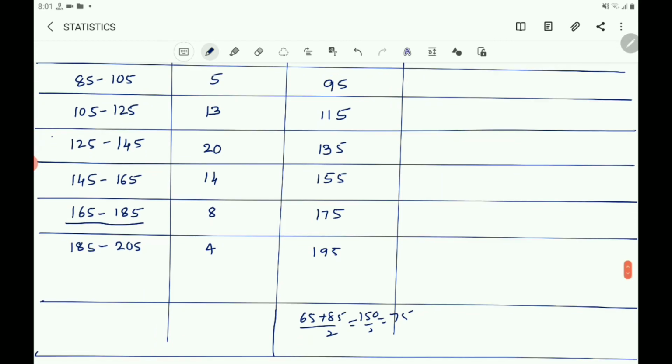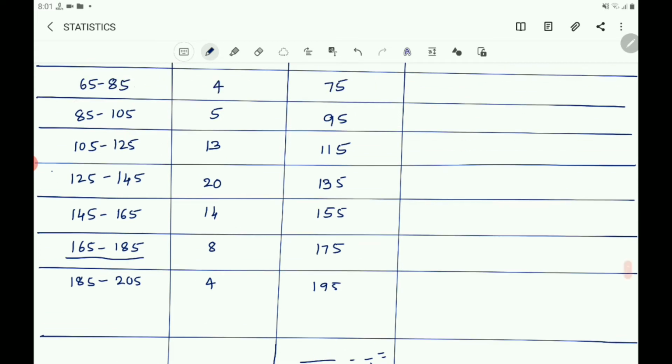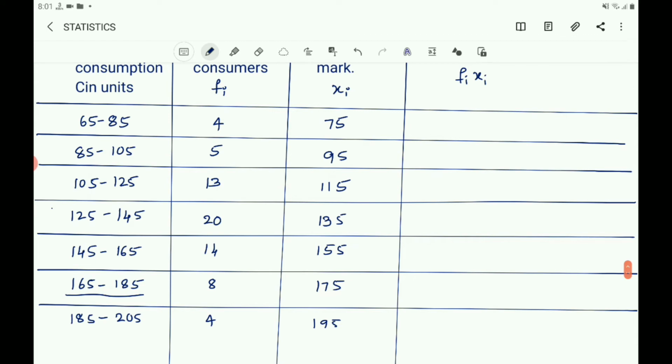In this way, if you get one class mark and if all the class intervals have the same size, then you can add that size to the first class mark to get the second class mark. Again, add that 20, the class size, to the second to get the third one. That you can do, or otherwise sum of the upper limit and lower limit divided by 2 also you can do. Now you find the product of Fi and Xi.